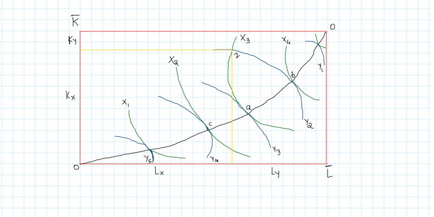Similarly, in terms of labor, Lx quantity of labor has been used for the production of X3 output and Ly quantity of labor has been used for the production of Y2 output. So this is how you can analyze any one of the points inside the Edgeworth box.